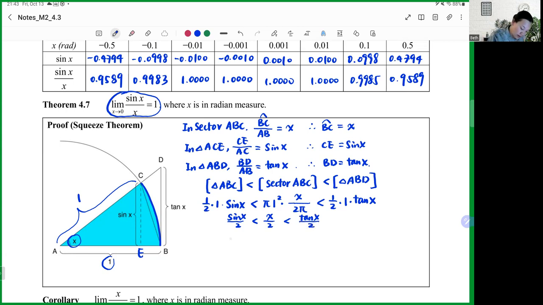To further simplify, I get sine X smaller than X, smaller than tangent X, which I also change to sine X over cosine X. Now I'm going to divide by sine X. So 1 is smaller than X divided by sine X. Here sine X is positive, the geometric meaning of sine X is positive, so I do not change the sign.